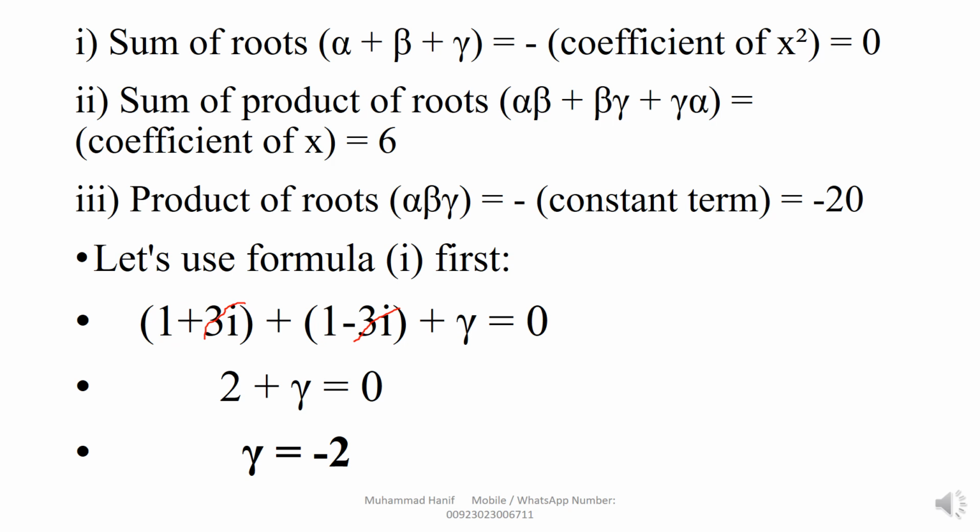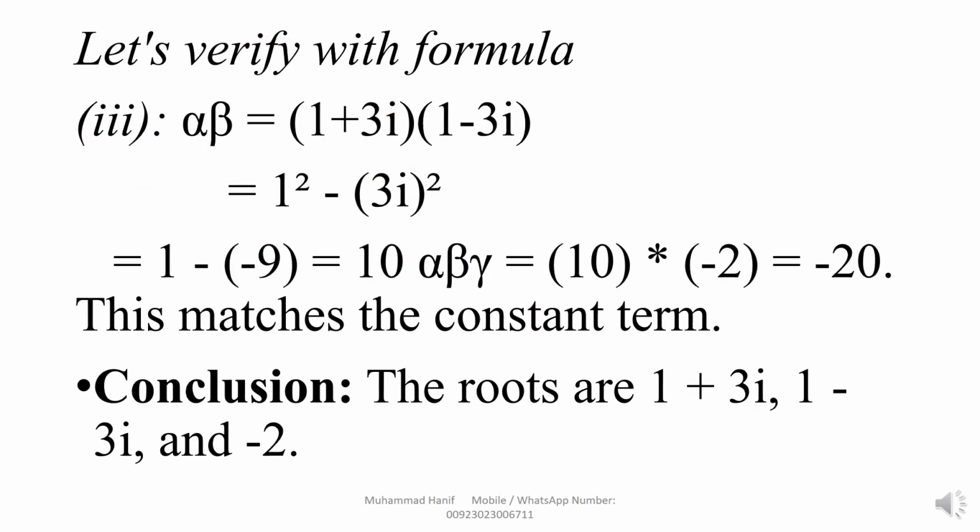Then plus gamma equal to 0. Now 2 plus gamma equal to 0. Moving plus 2 across, it converts to minus 2. We get this value of gamma.